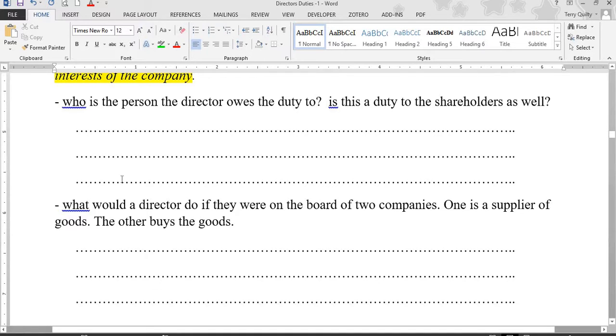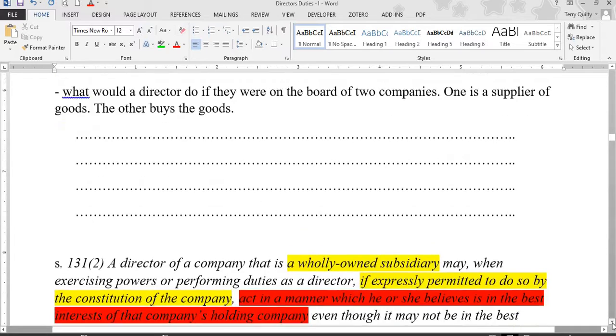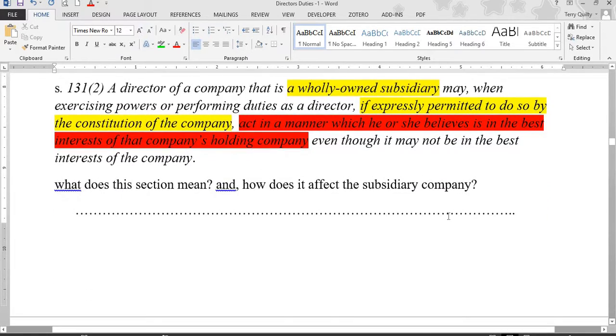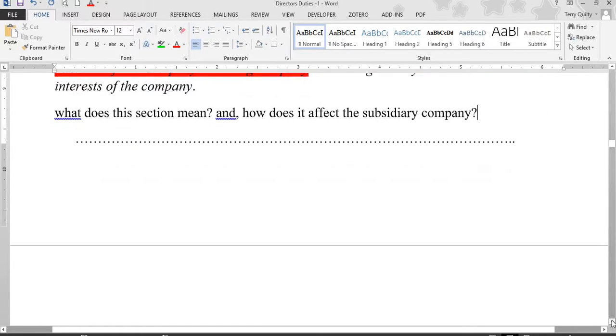If they're not wholly owned subsidiaries, we have a real problem with that. So what this is asking you to do is work through this and ask what it means and how it affects the subsidiary company. What would you think if you were a shareholder of that subsidiary company and not a director of it, when you knew it had that provision in its constitution, or even a creditor of that company?